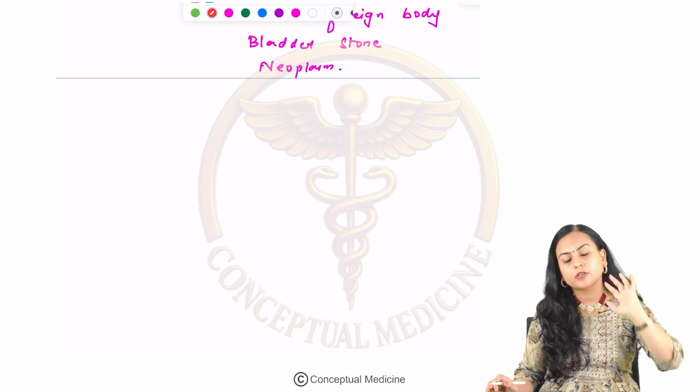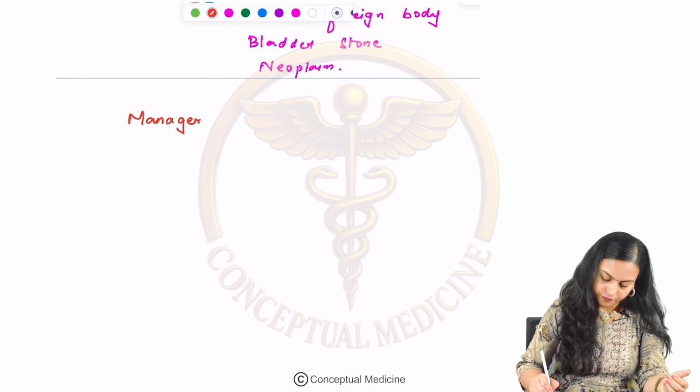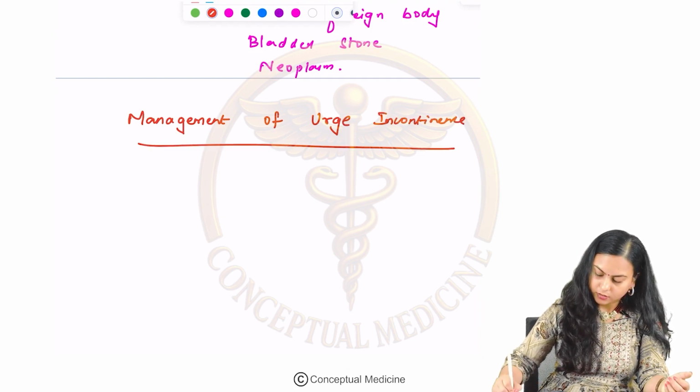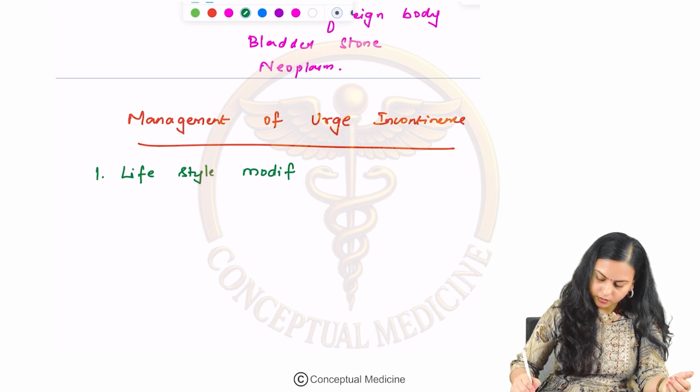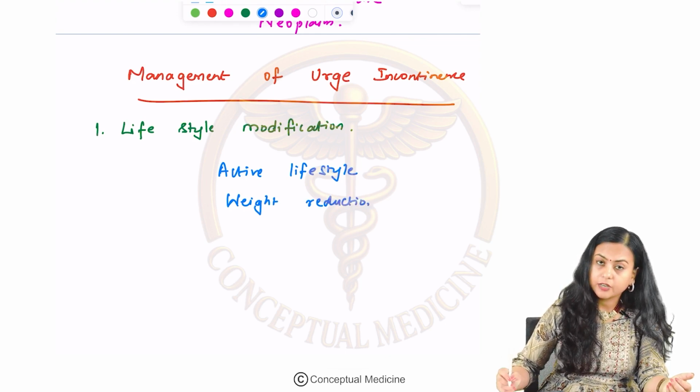Now let's discuss the management of urge incontinence. This includes lifestyle modification. You should advise them to have an active lifestyle, weight reduction, and caffeine reduction as well.